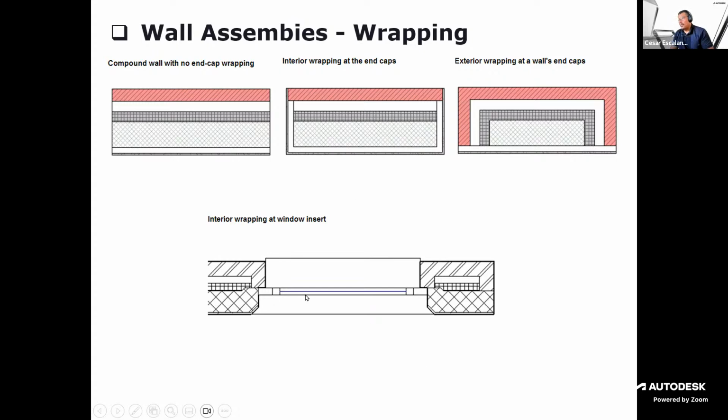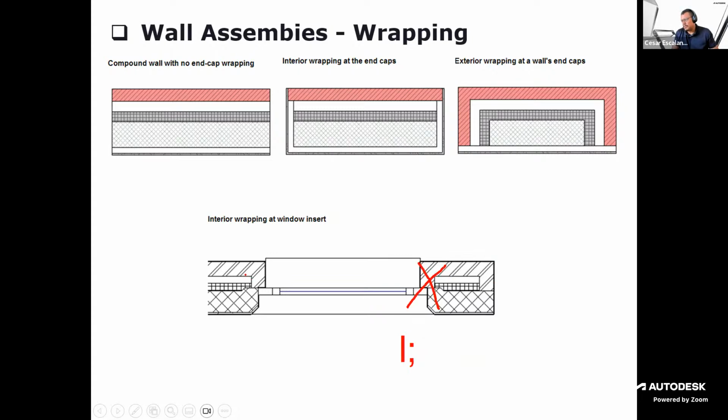This is an example of both. Meaning that they meet at the location line. So the interior layers wrap at the cap and end at the location line, and the exterior side wraps at the end and meets at the location line. That makes sense. If you set this to none, then nothing of this will happen.